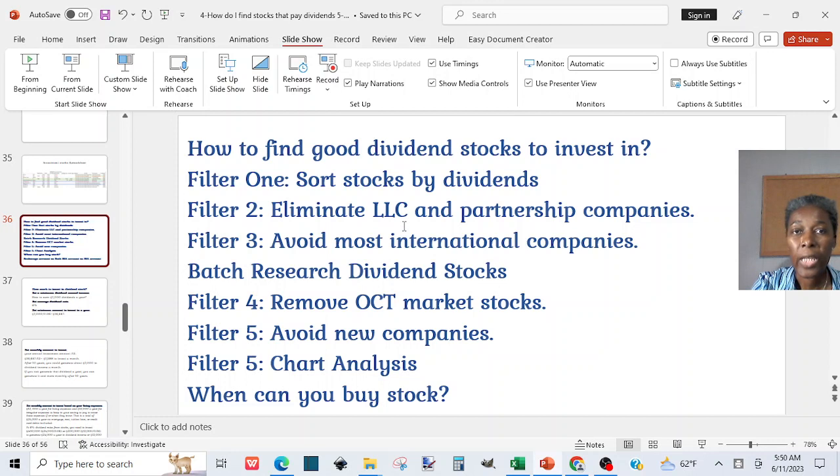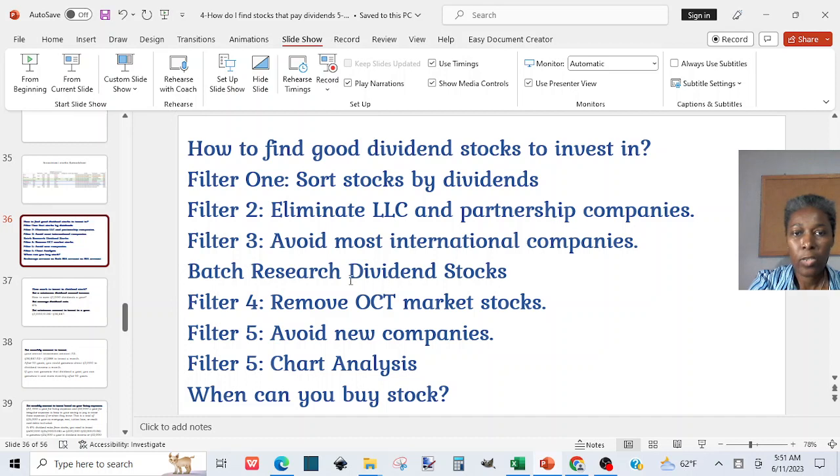You want to eliminate LLC and partnership companies, so things that end with LLC, partners, LP, LTD. You want to eliminate those from the list, and you want to eliminate international companies whose names end with SA.